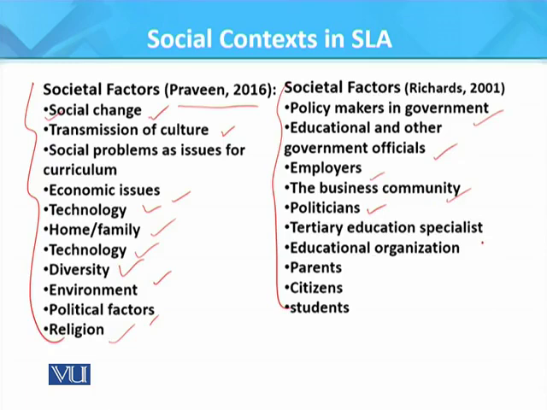Tertiary education specialists are the ones who would determine the kind of education which needs to be given at the post-secondary level. And then home, parents, citizens, and the students. Students as a whole, a social group, how they affect the learning setting. So these are the societal factors that have been introduced and proposed by these two researchers.